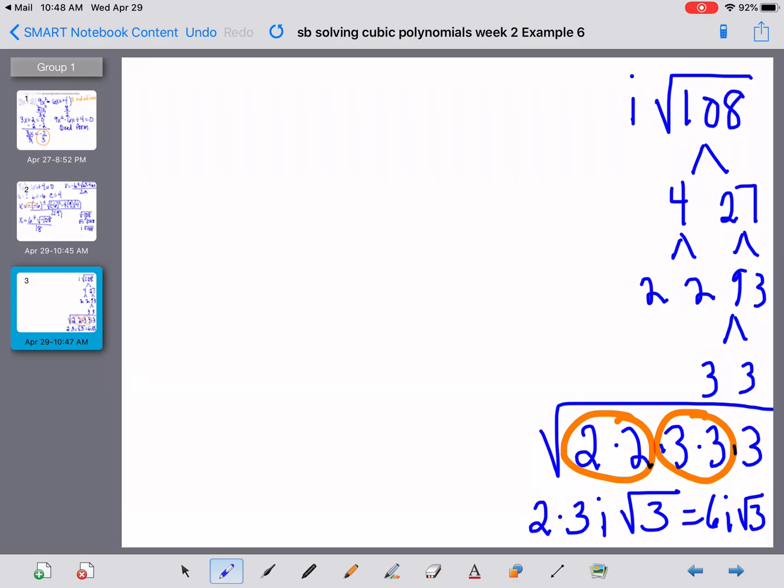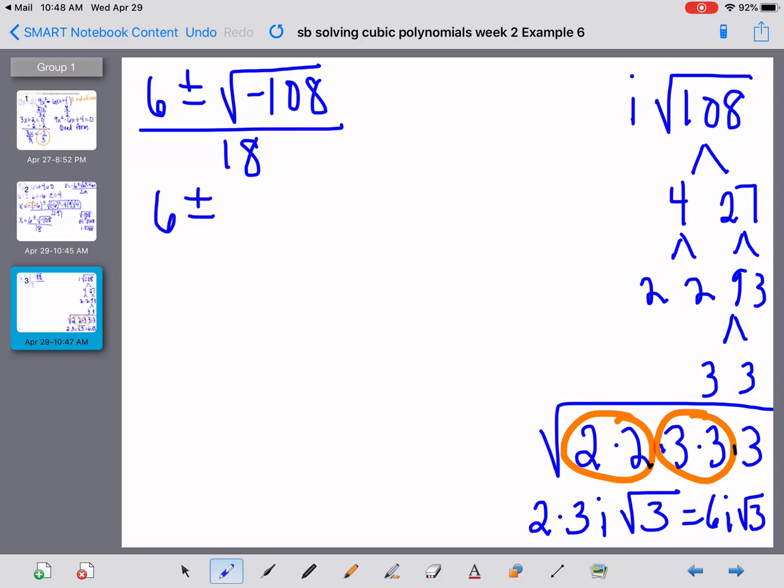So now what we had, if you remember, was 6 plus or minus the square root of negative 108 divided by 18. We've now simplified the square root of negative 108. So this is 6 plus or minus 6i square root of 3 over 18.